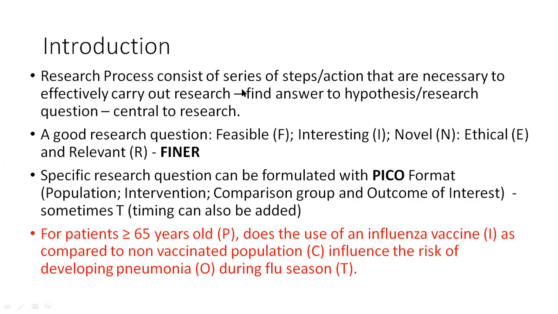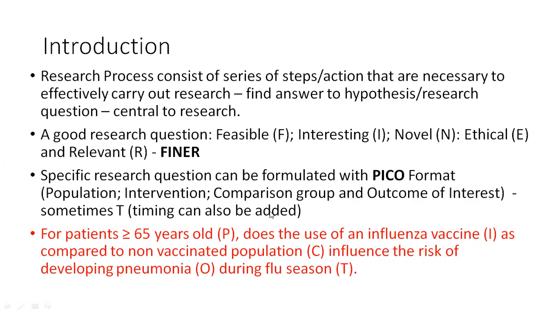The other popular and commonly used format is PICO. The specific research question should be formulated based on PICO, where P covers population, I covers intervention, C is the comparison group, and O is the outcome of interest. Sometimes T is added to take care of the timing.